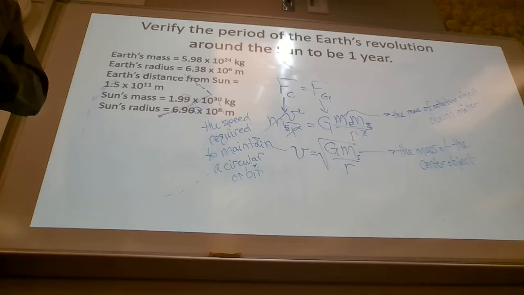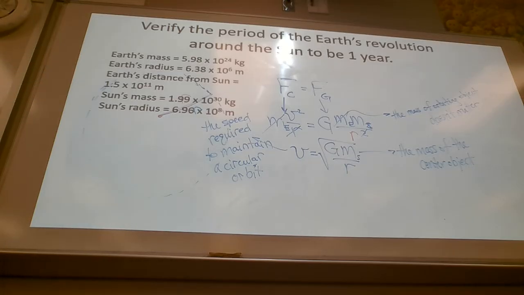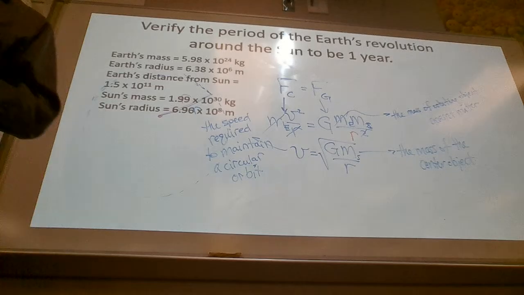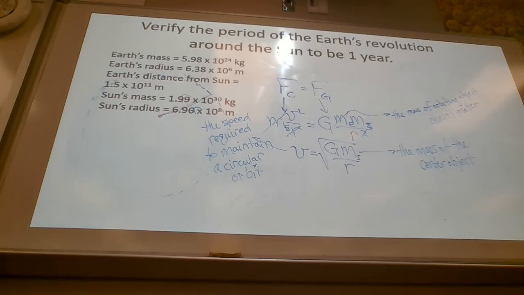So let's use this to verify that the period of the Earth's revolution around the sun is a year. Break out your calculators. First, calculate the speed that the Earth has.